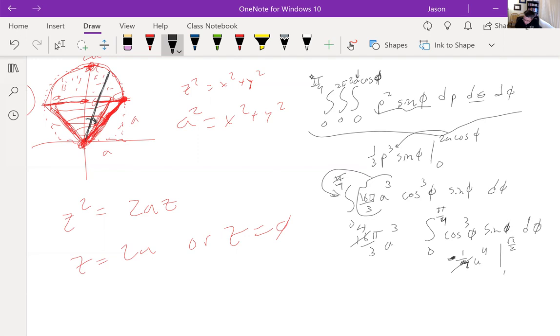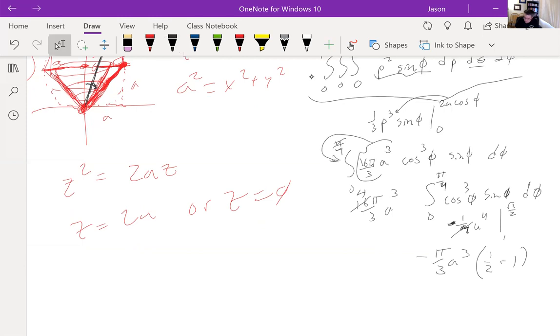And then we would get a negative pi over 3 a cubed, and we're just going to evaluate u to the 4th. That's 1/2, to the 4th power minus 1. So that's going to be negative 1/2. So that's going to be what?